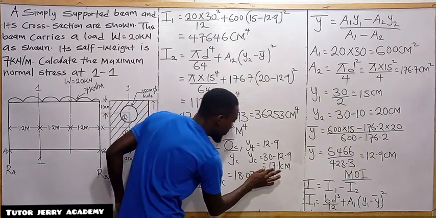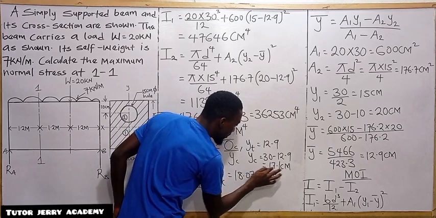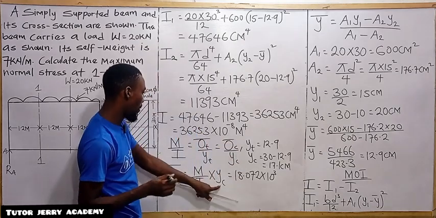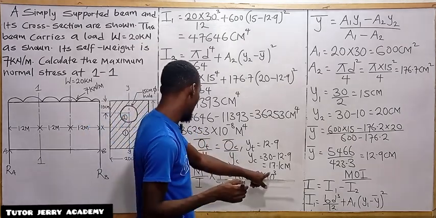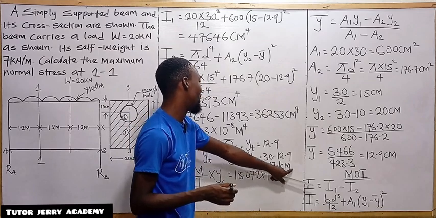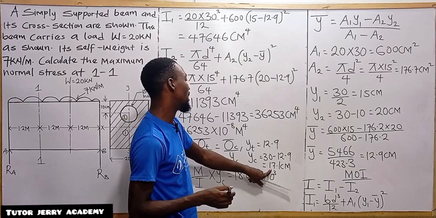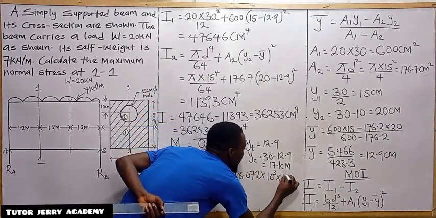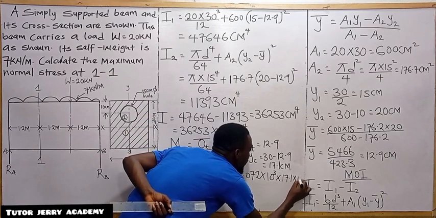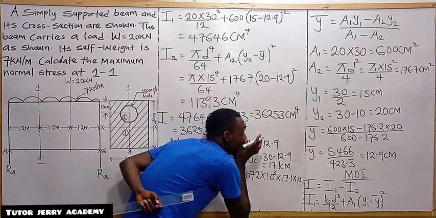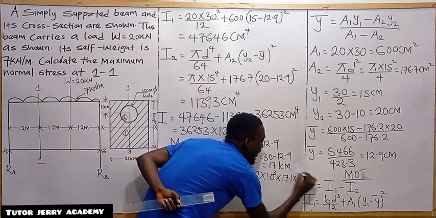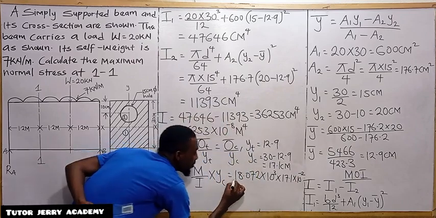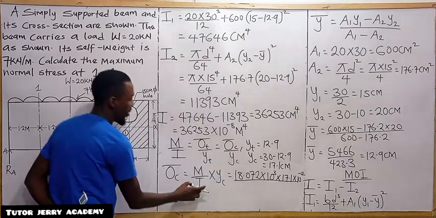I don't know if this stuff is not too clumsy. All right, then our y subscript c is 17.1 centimeter. So we are going to take it to meter. So this is going to be multiplied by 17.1 times 10 to the power of minus 2. All right. So here, this is going to be divided by our I.